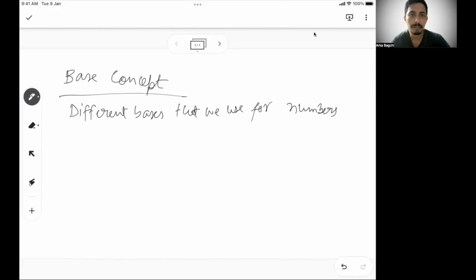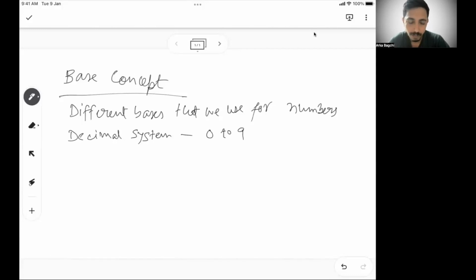What I mean by that is we normally have digits 0 to 9. So 0, 1, 2, 3, 4, 5, 6, 7, 8, 9. So there are 10 digits. This is called a decimal system, and this is the most widely used base system. So a decimal system will have 0 to 9 as numbers.